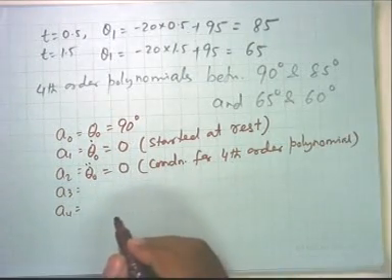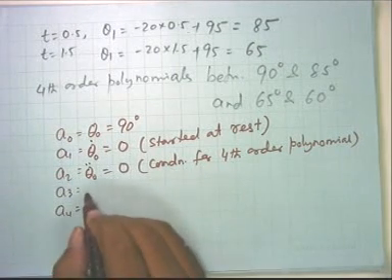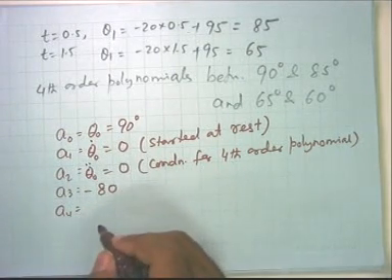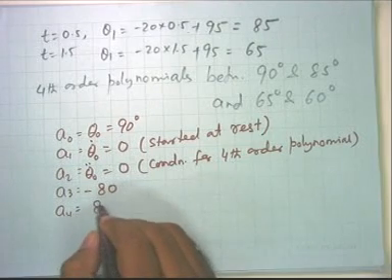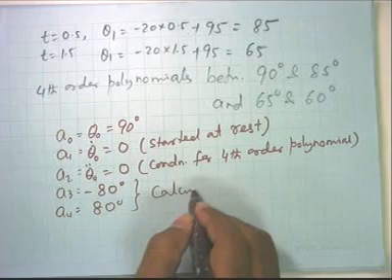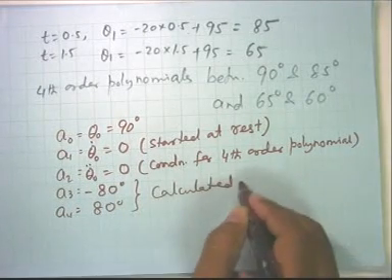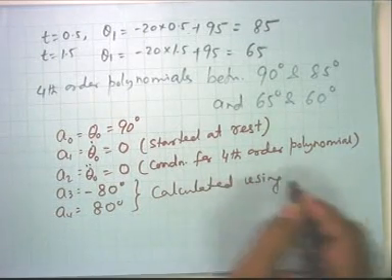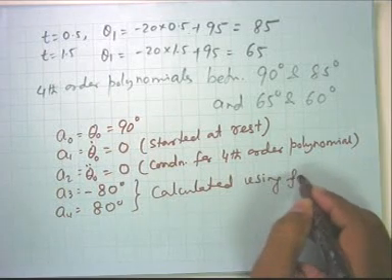So, A3 I have calculated as minus 80 and A4 I have calculated as plus 80, using the formulas.